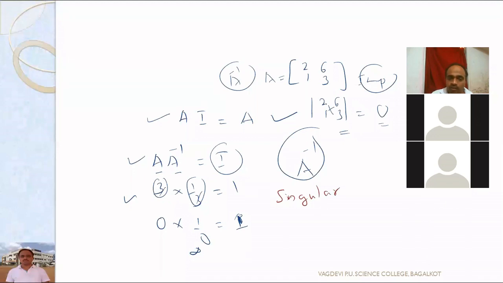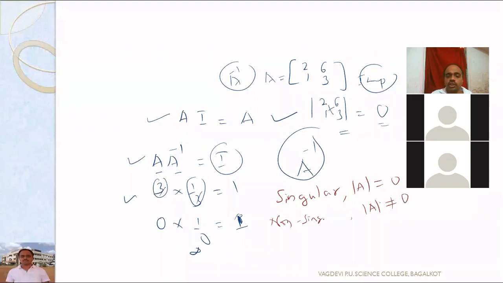Singular. So what is the meaning of singular matrix? Determinant of A will be equal to 0. A square matrix is said to be singular if determinant of A is equal to 0. Non-singular. So what is the meaning of non-singular? A matrix is said to be non-singular if determinant of A is not equal to 0.